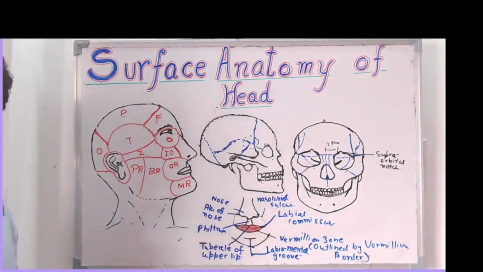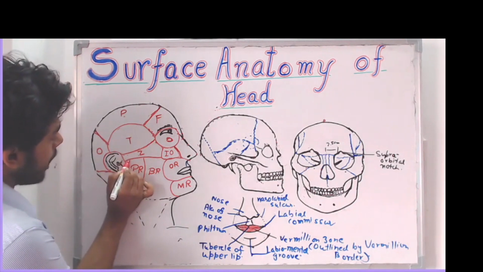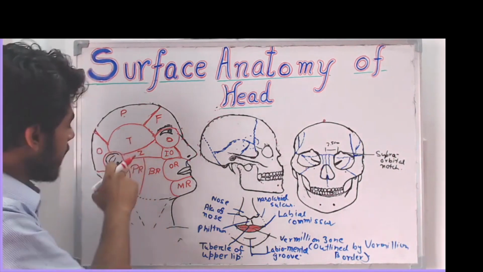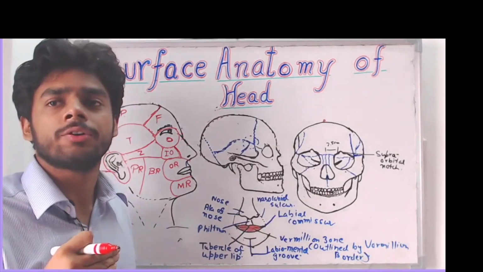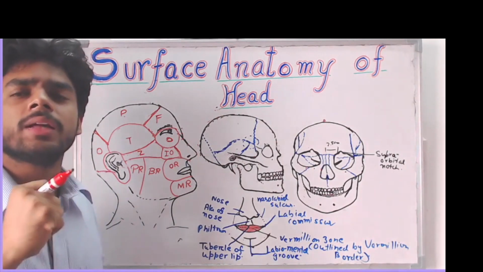Then we have the pre-auricular point in front of the upper part of the tragus. See, this is the tragus. This is the lower part of the tragus. This is the upper part of the tragus. The upper part of the tragus is called the pre-auricular region, and when you touch the anterior portion of the lower part of the tragus, you are actually palpating the head of the mandible.